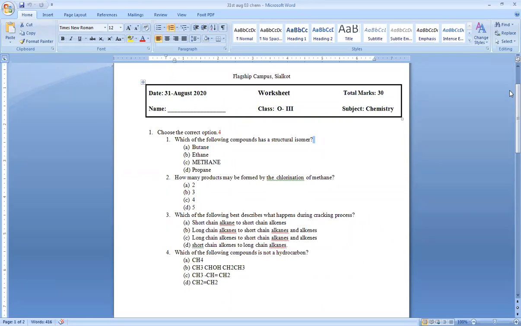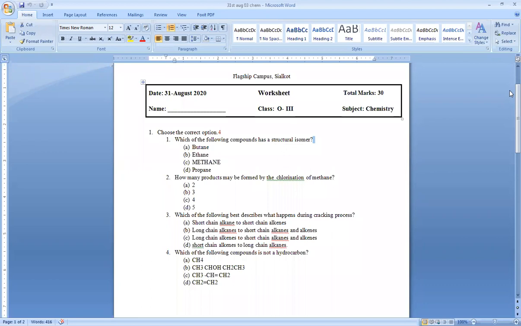Clear? Now, which of the following compounds is not a hydrocarbon? You have to tell which of these compounds is not a hydrocarbon. We have four options. We have the first compound methane.